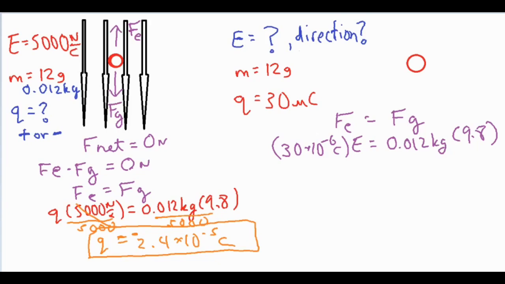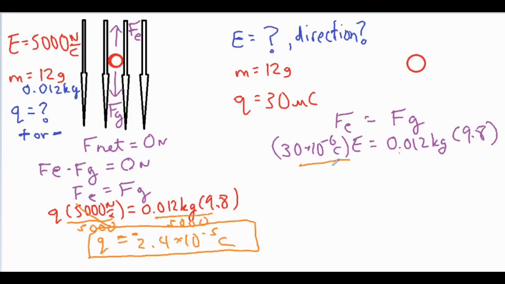All right, now we have everything all set up. We know that the electric force is equal to the force of gravity because if the object is suspended at rest, those two are going to cancel each other out and have a net force of zero. This time we have a Q value, but we do not have our E value. And then on the right side, we still have the same values for our mg.